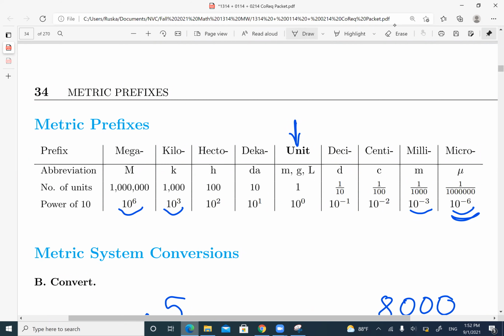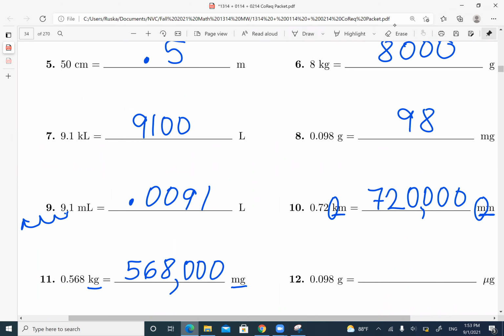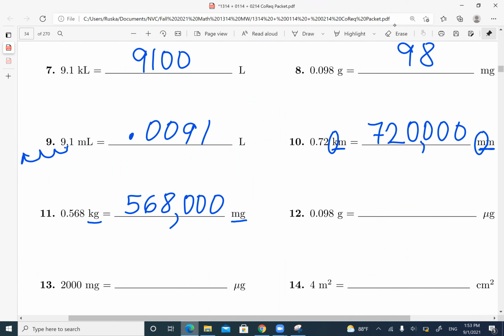So I have to move it 6 places to the right side. So it's going to be 9, 8. That's 2 places because the decimal is here. So I have 1, 2, and 4 more zeros. So it's going to be 98,000,000. Okay, everybody understanding this?